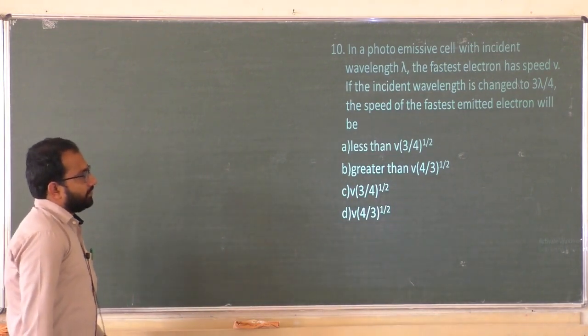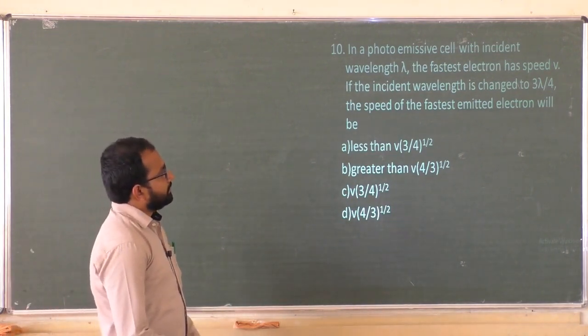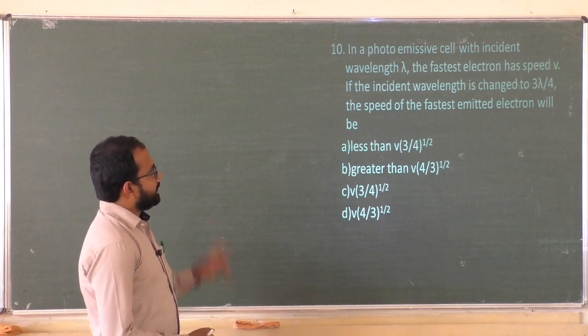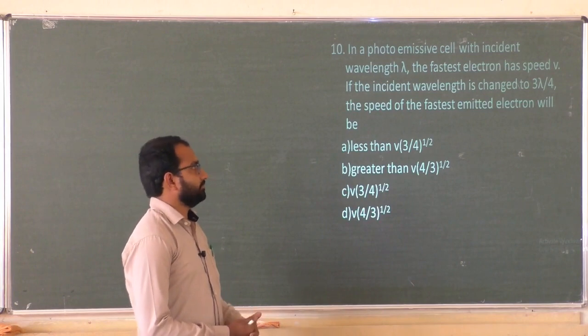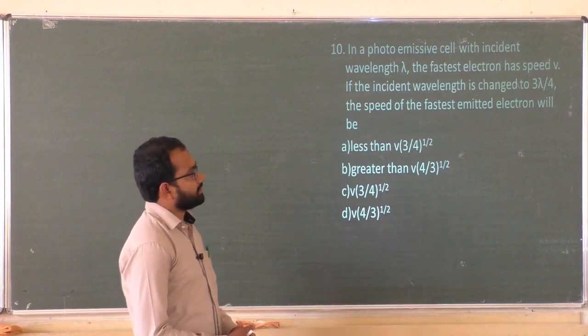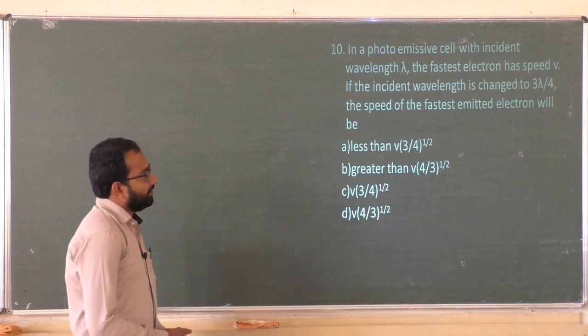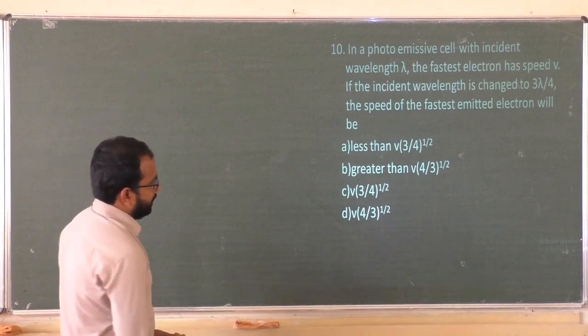Okay, how to solve this problem? See, the incident wavelength is given, the initial speed is also given. The speed of the fastest electron is v for the wavelength lambda.